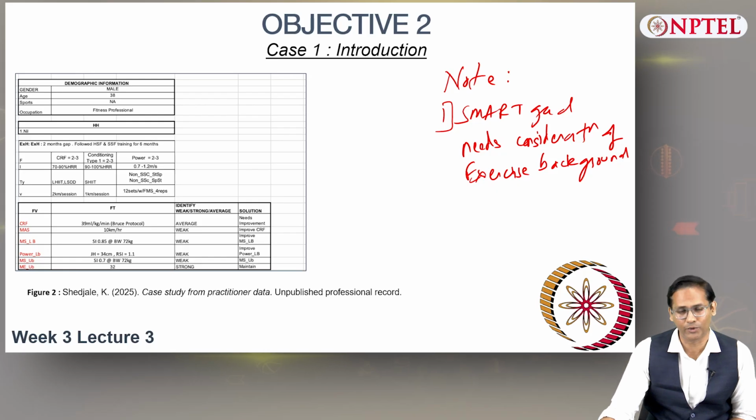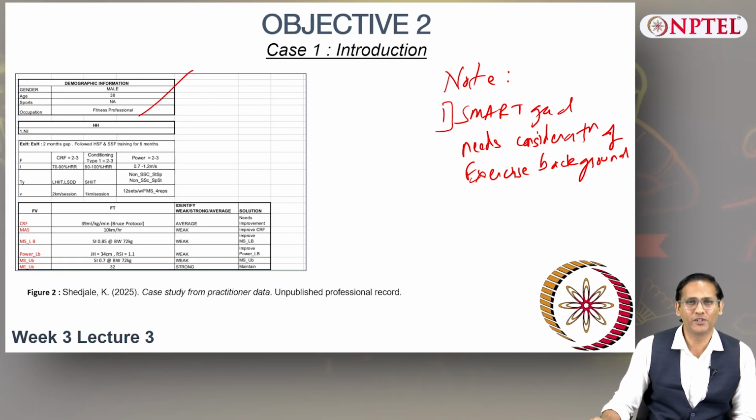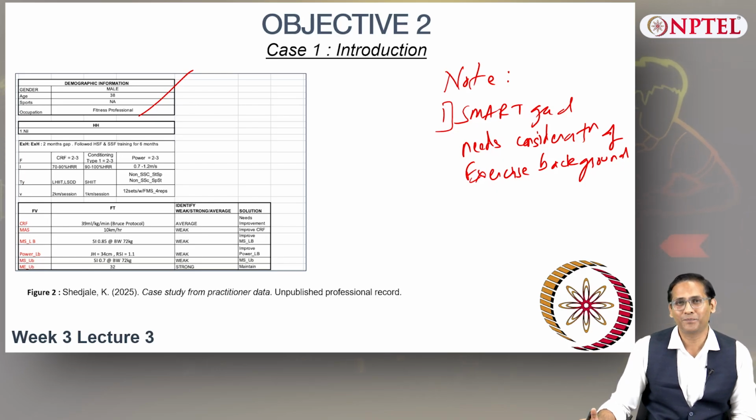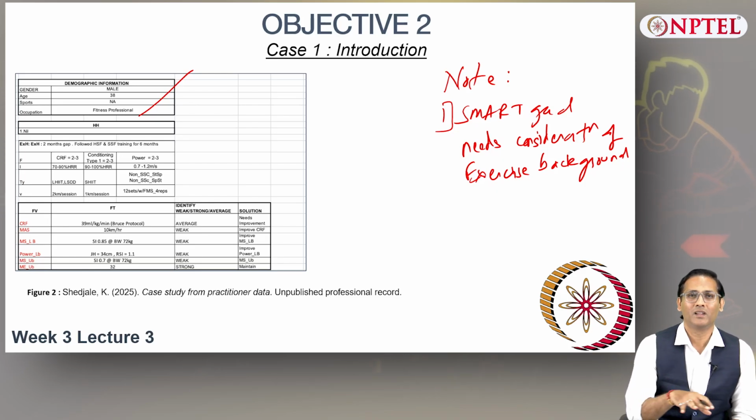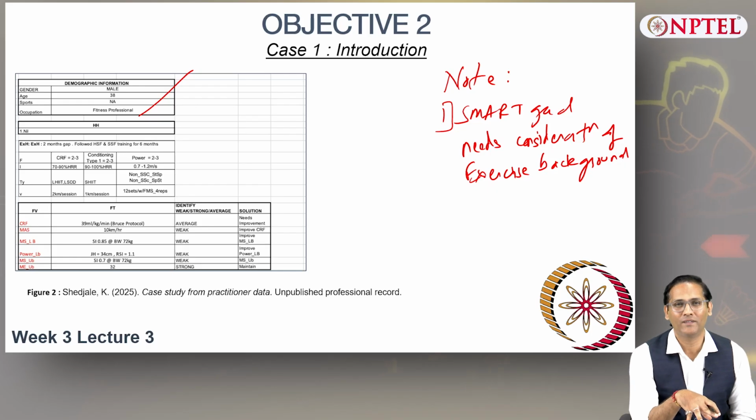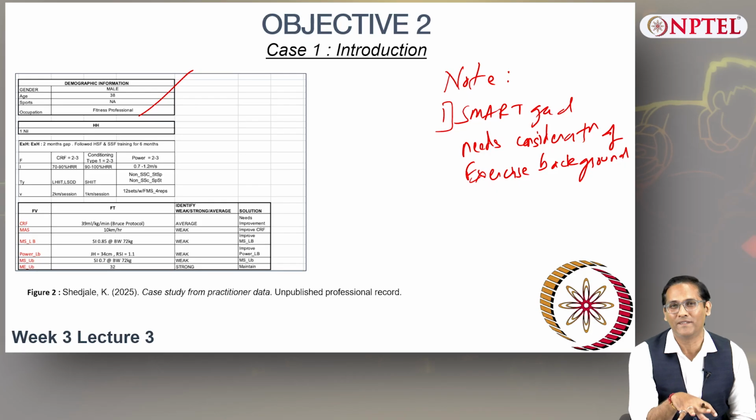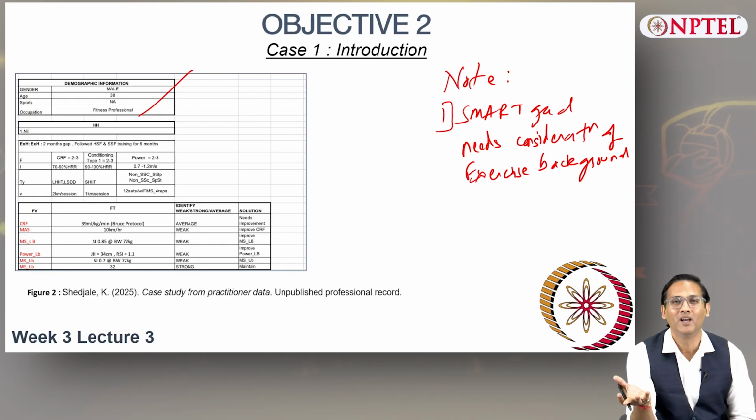HH means health history. So with this one information, he is a fitness trainer. What do you understand? Number one, he needs to have a fitness level which is close to average or above average. He cannot be sedentary. He should not be sedentary. Obviously, he should not be obese or overweight.